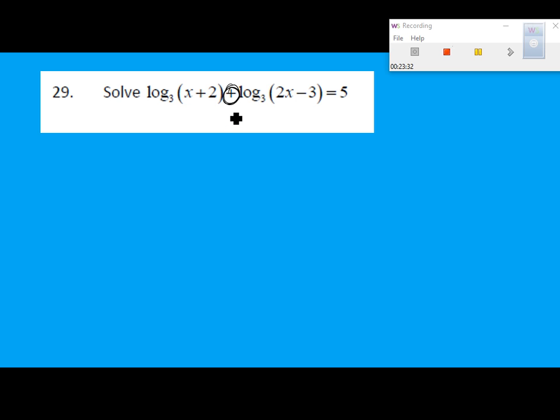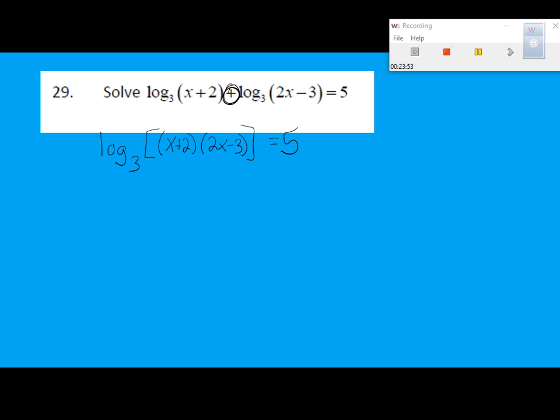And since it's added together, at one point it must have been multiplication. So this becomes log to the base 3 of x plus 2 times 2x minus 3 equal 5. I just put it in the brackets because I saw more coming.